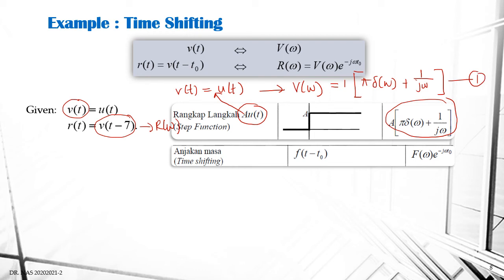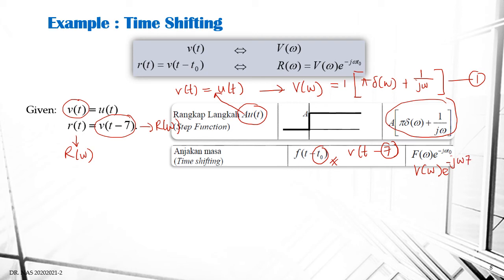Now find R(ω). R(ω) has the original signal shifted by t₀. Compared to the given equation, v(t − 7), you know your t₀ in this case equals positive 7. So you have your equation V(ω) e^(−jωt₀), where t₀ is 7.